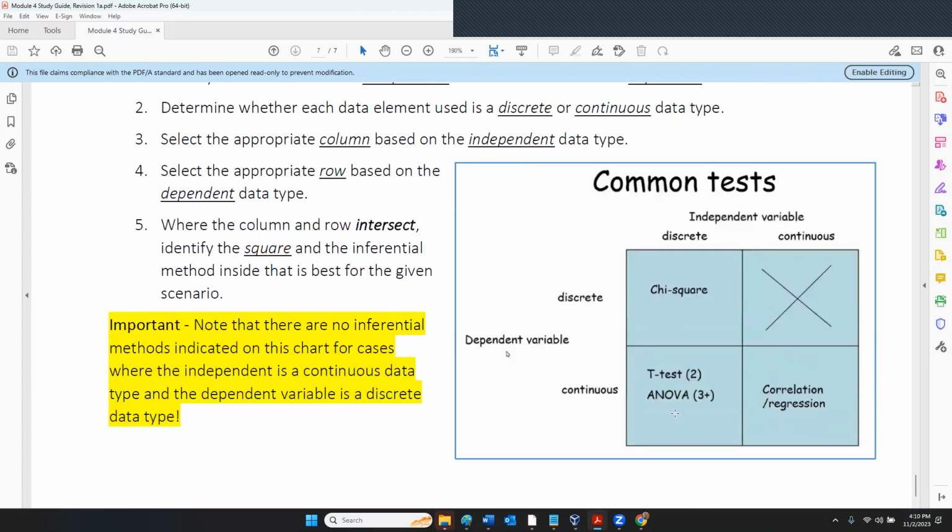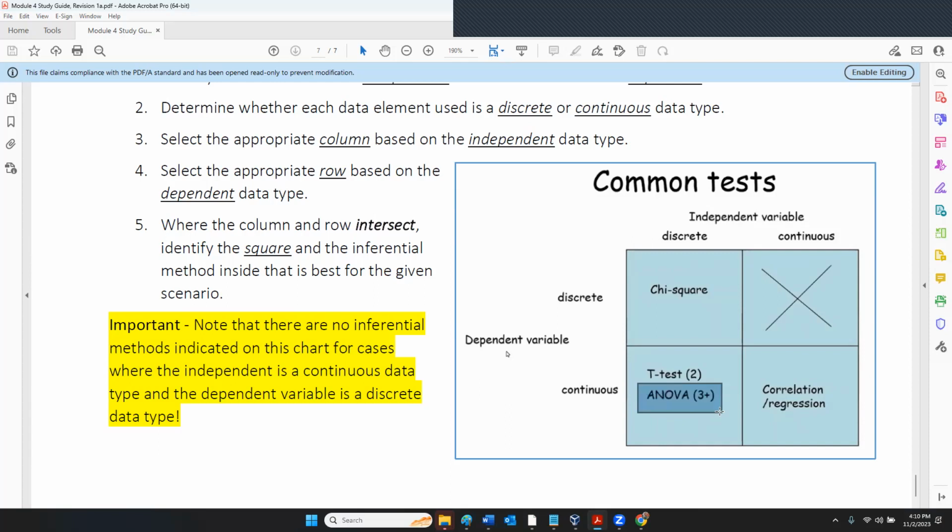If we have more than two qualities we want to study, and the data is continuous for a dependent variable, and the independent variable is a discrete kind of data, then we're dealing with an ANOVA test.